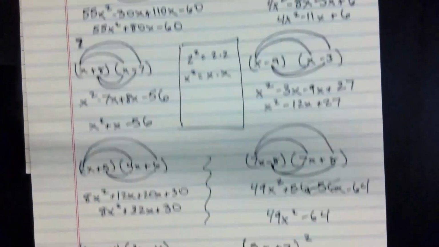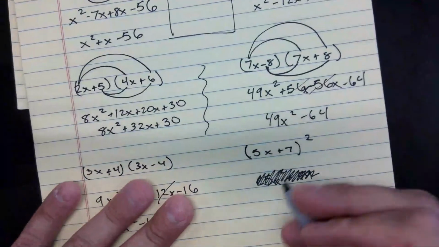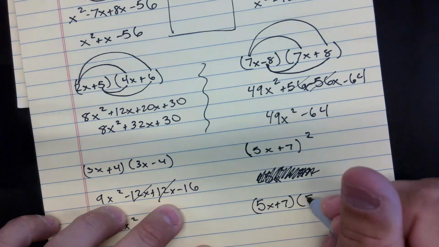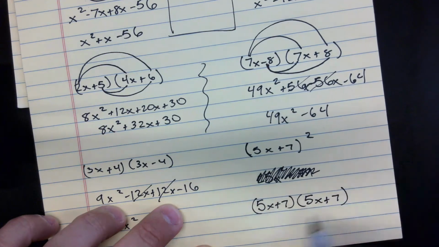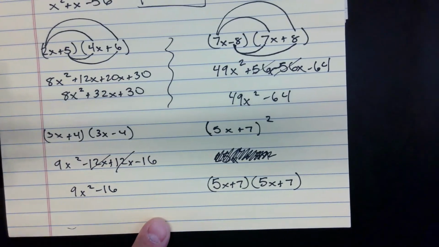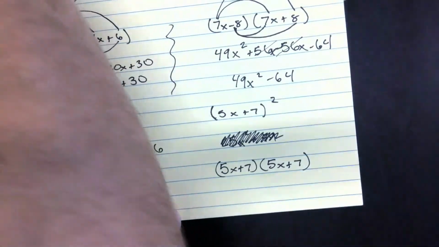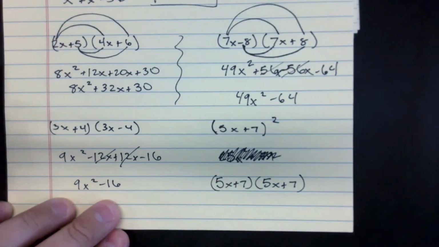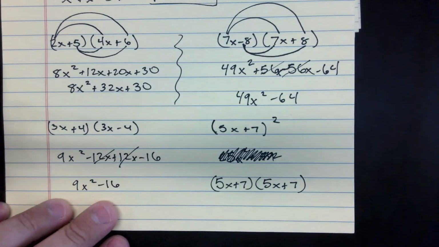So if I have 5x plus 7 squared, that is rewritten like that. Does everyone see this? I tricked Preston just to make him look ridiculous. So you would write it twice, and now we're back to a foiling problem because now we have a binomial times a binomial. Does that make sense?